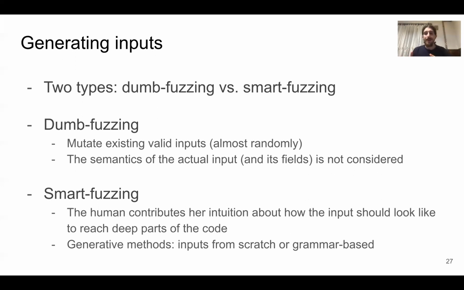Maybe this grammar is going to be a bit more flexible than the real grammar of the file, with the hope that by generating a file respecting this more flexible grammar, you're going to trigger a corner case in the parser. But you get the idea.